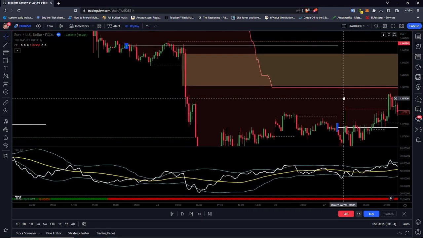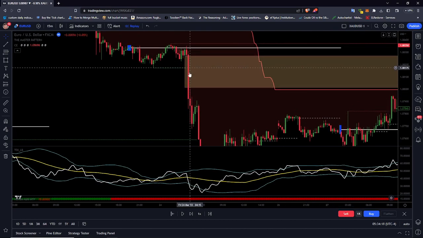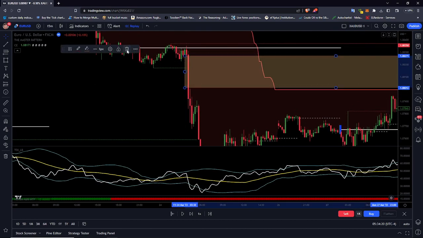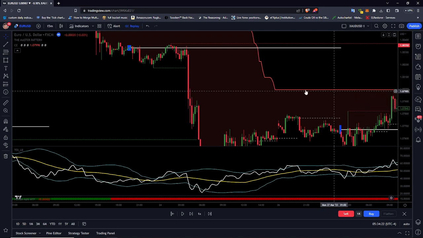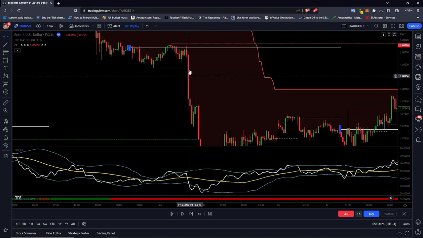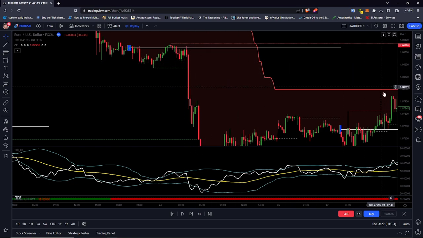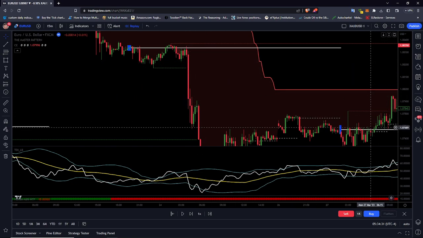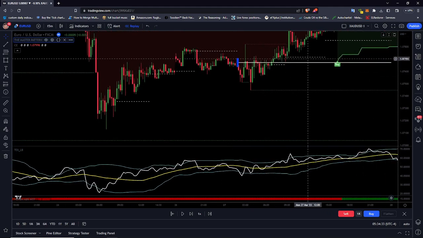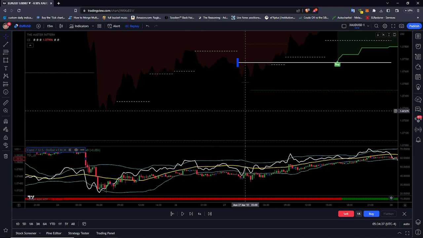If you decide to not sell, for example, right here, you think, oh no, I won't sell here because price will come and stop me out because it's going to come up and fill the gap. Then I won't take the trade, I'm going to wait. Then if you do that, obviously the price is going to tank.